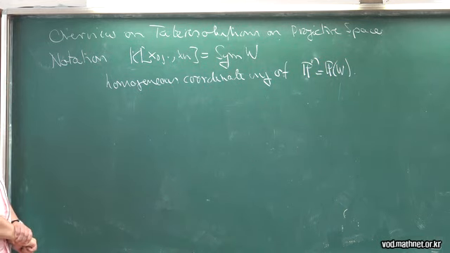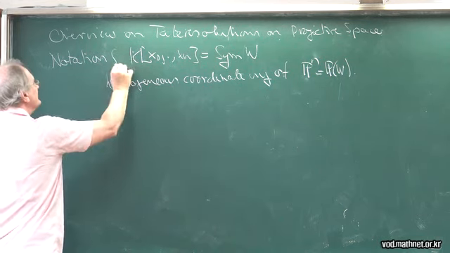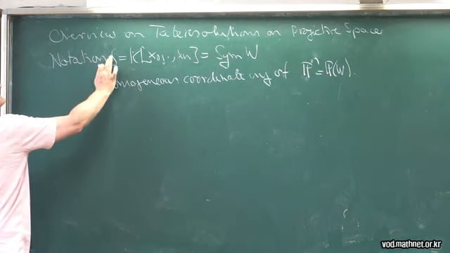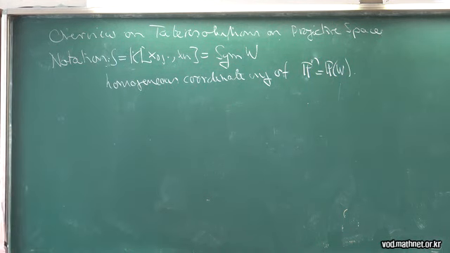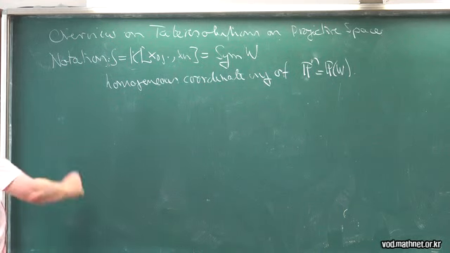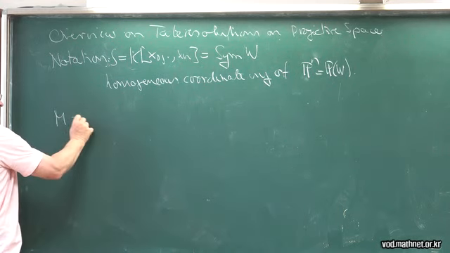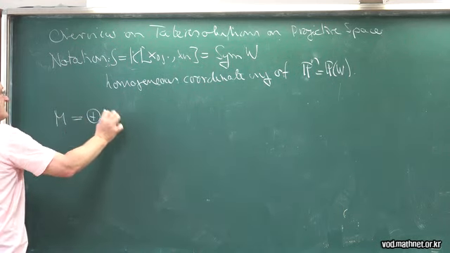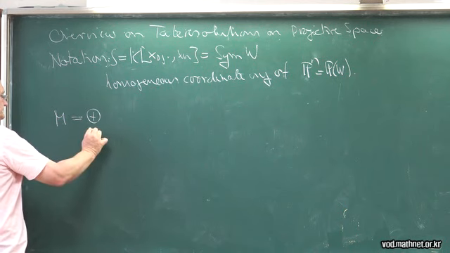So we all know that modules over this ring S correspond to coherent sheaves. So M is a graded S-module.